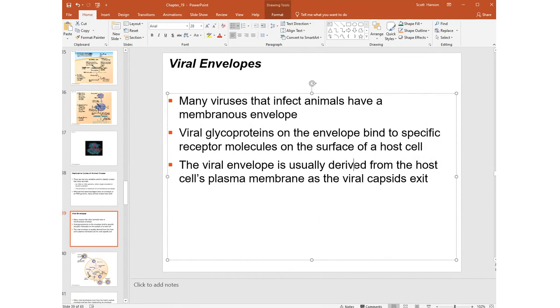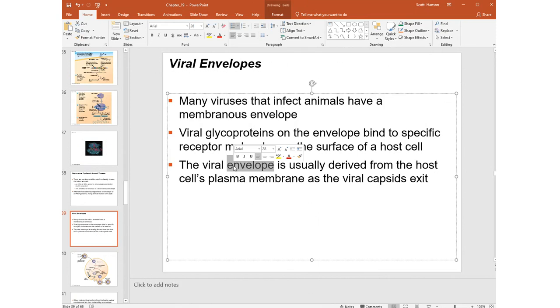And so this viral envelope is usually derived from the host cell's membrane. Derived from means modified from. So basically, in other words, the virus takes part of the cell's plasma membrane and it derives or modifies something from it to make the virus's own envelope.